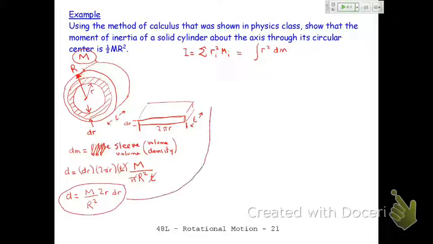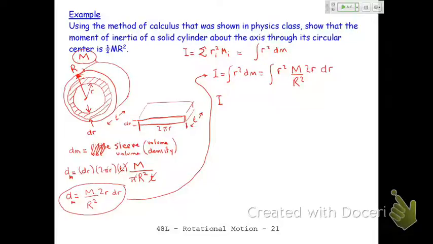And wow, this is like the same problem over and over again. I is equal to the integral of r squared dm, which equals the integral of, we've got to leave the r squared there, but I'm just substituting for this dm. So that's going to be M over big R squared, 2R dr. Okay.